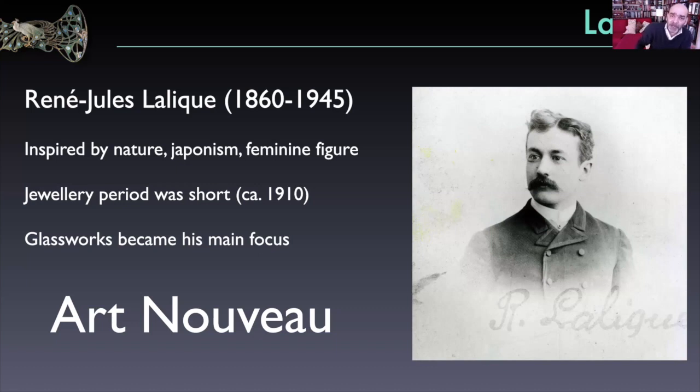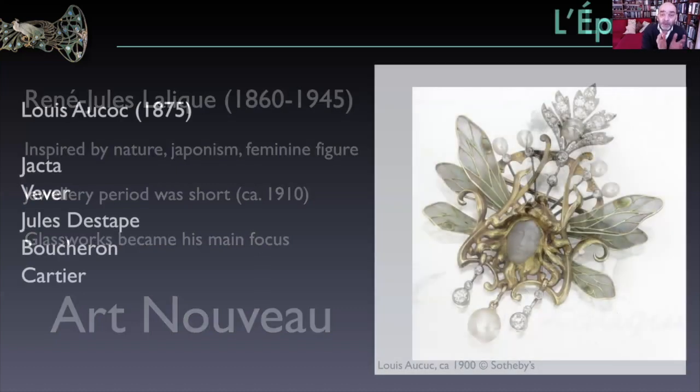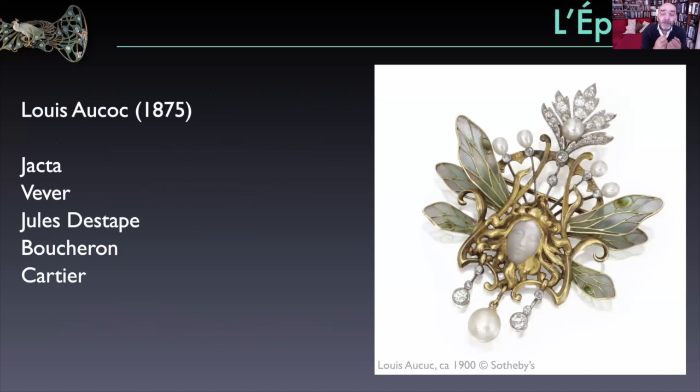If you look in libraries, you will find better books than these 2 minutes I spent talking about him. But the part that interests us today is his career as a jeweler. As I said, when his father passed away, he went as an apprentice, and he worked with Louis Aucoc, and he learned how to handle with his hands.